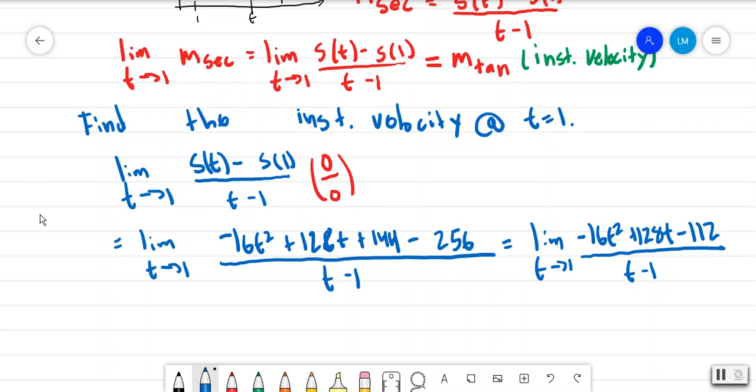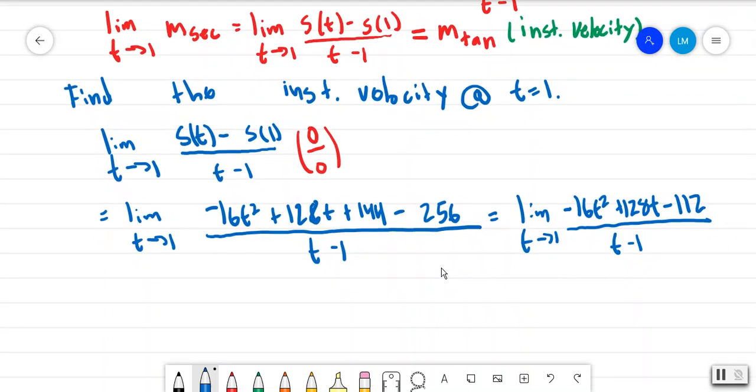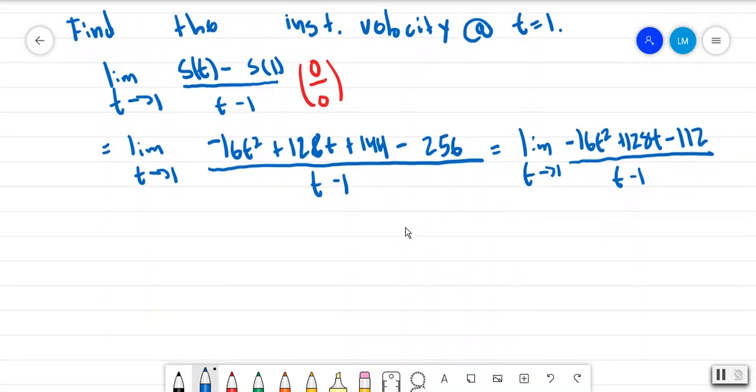Even if you plug in 1, it's still going to give you 0 over 0. If I wanted to look at smaller time intervals, I can do that. If we look at smaller and smaller subintervals, you can see what it's going to go to.